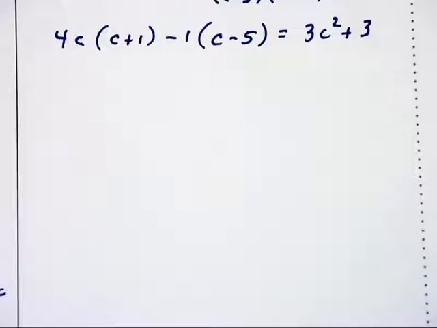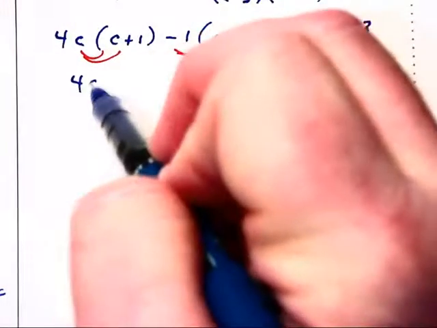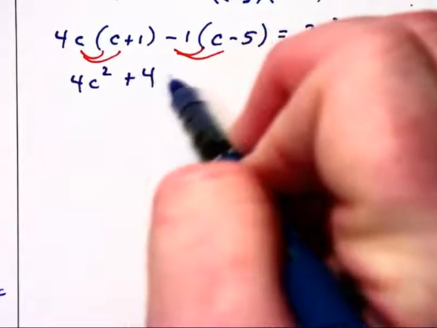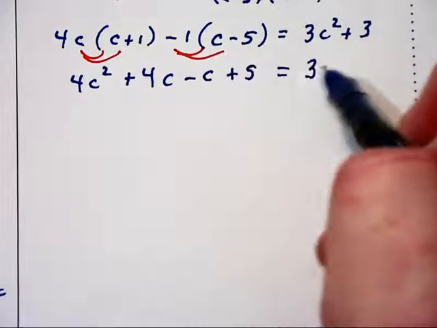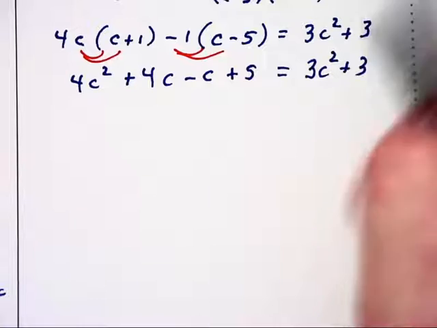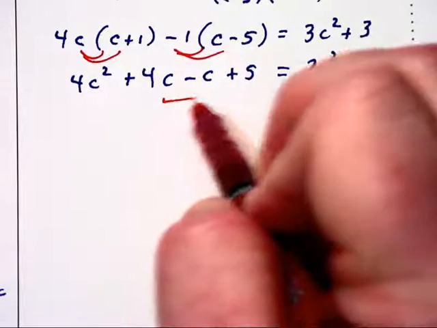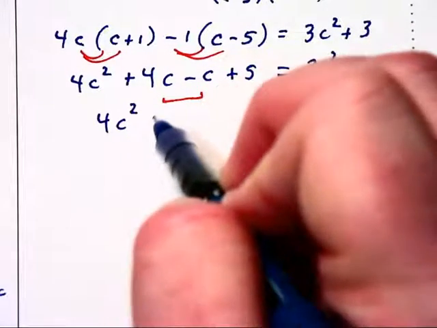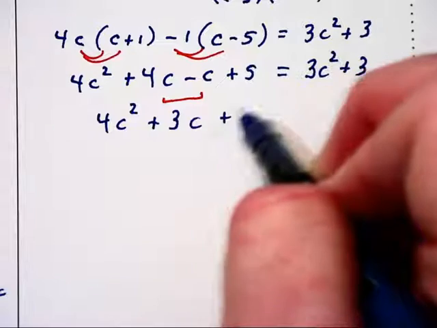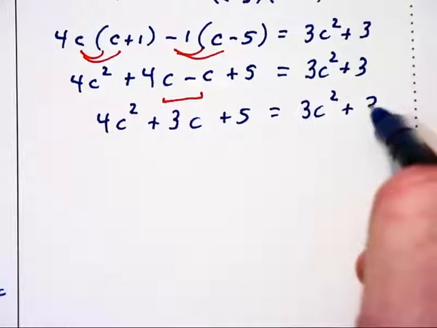Now we're going to do some distribution on the left-hand side. That will give us 4c squared plus 4c minus c plus 5 equals 3c squared plus 3. It's now time to combine like terms on the left. We will have 4c squared plus 3c plus 5 equals 3c squared plus 3.